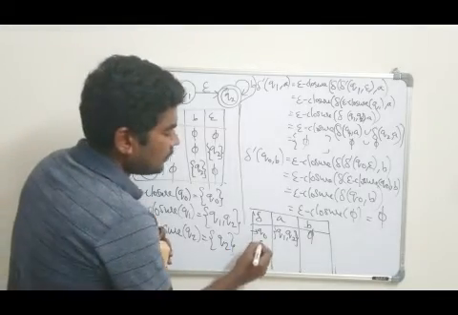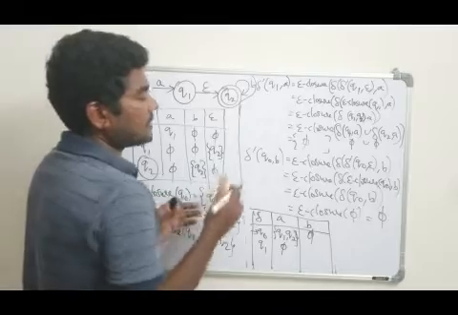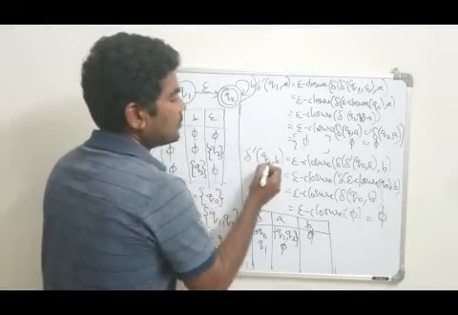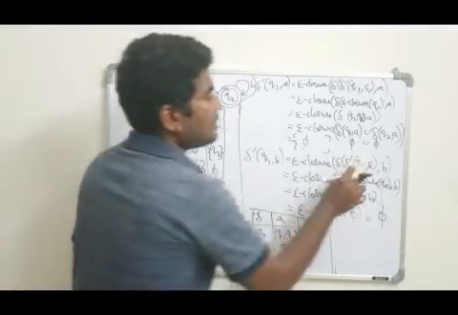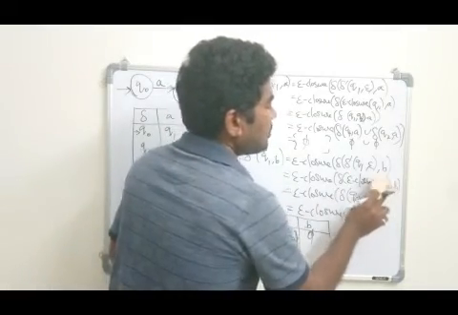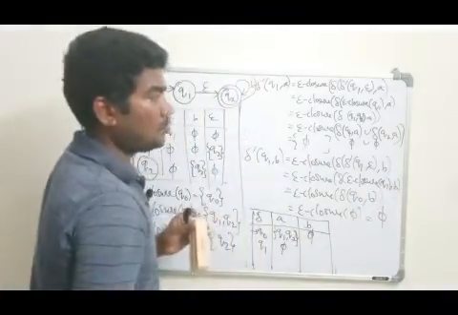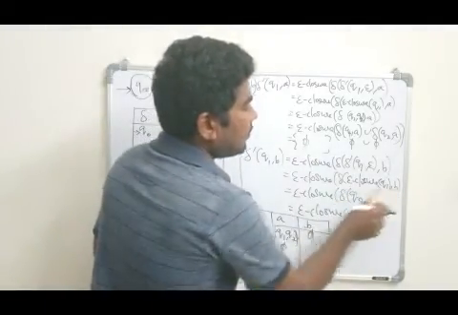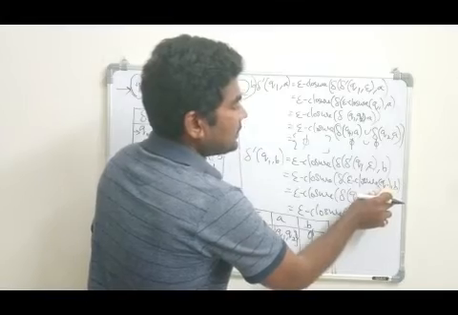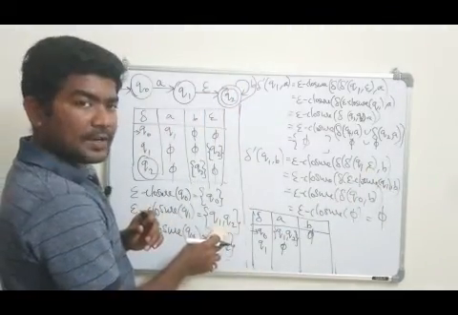Okay, so here for Q1 transition this is pi. Now you are substituting Q1 with B, Q1 comma B. So here epsilon closure of Q1 comma epsilon is Q1, and again epsilon closure of Q1 is Q1 comma Q2.